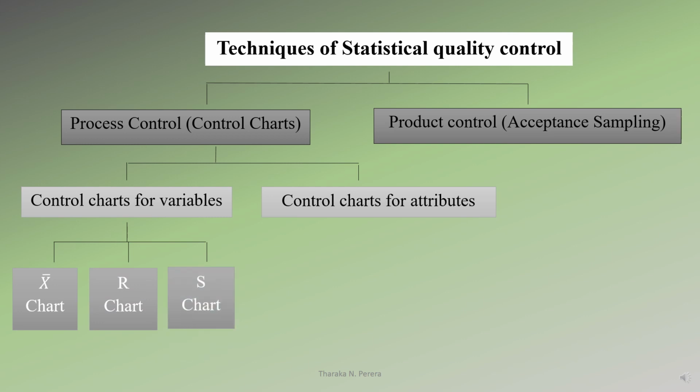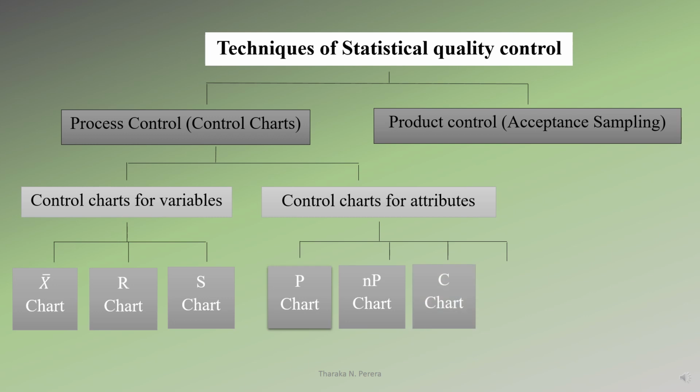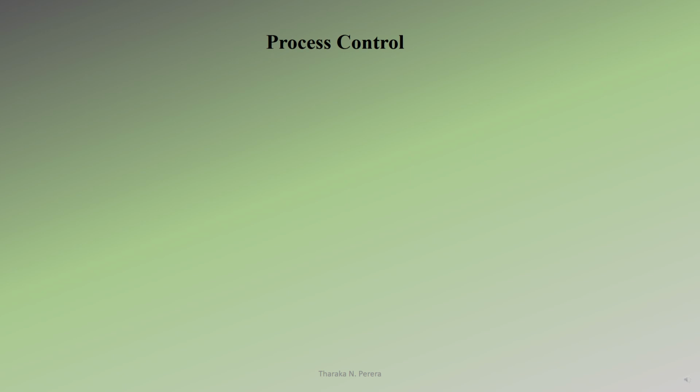Examples for control charts for attributes are P chart, NP chart, U chart and C chart. We will be discussing these techniques in the next videos, and let's see what process control is.